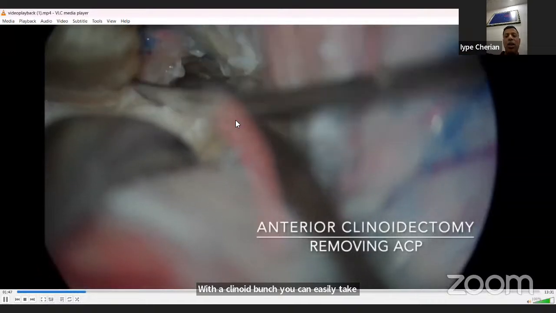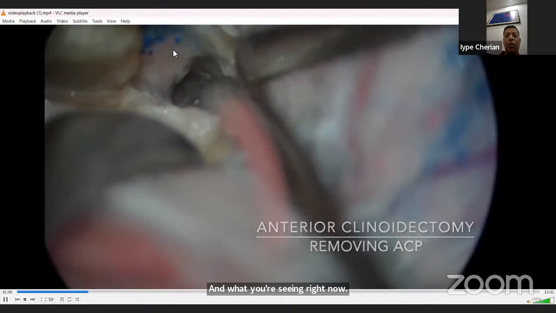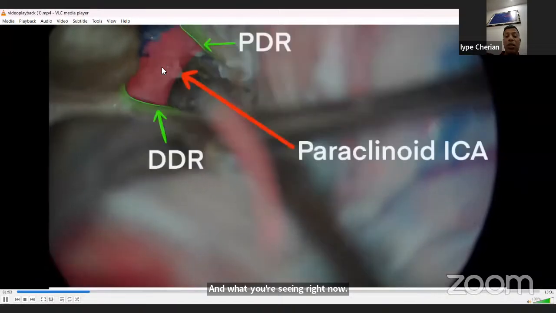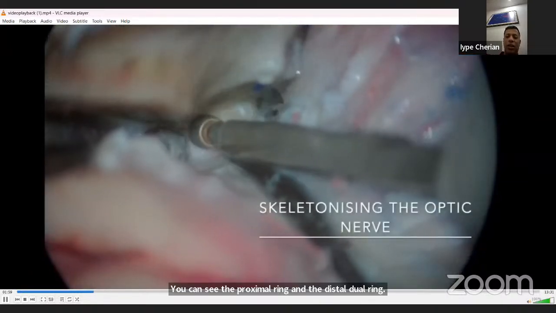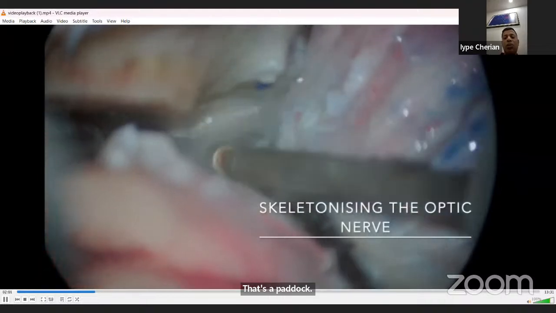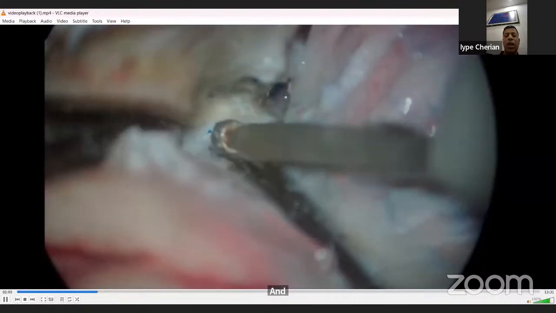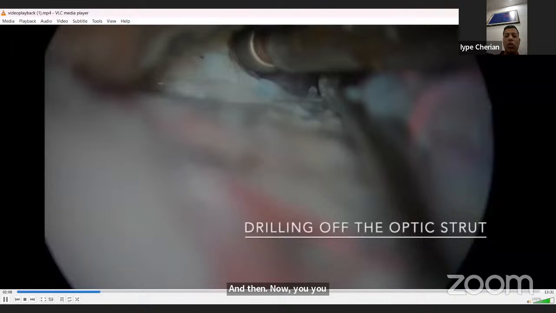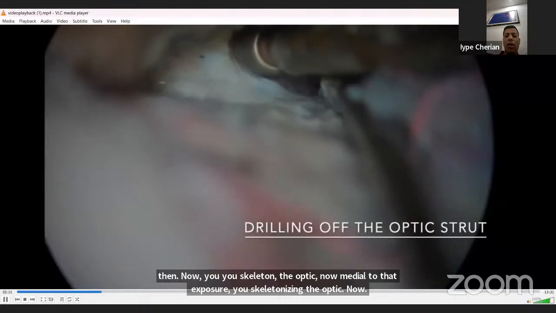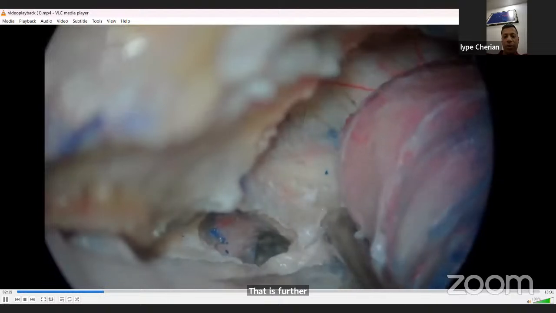And what you're seeing right now is the carotid. And the beauty is that you can see the proximal dural ring and the distal dural ring. That's paraclinoid. And then now you're skeletonizing the optic nerve, medial to that exposure. So that is further skeletonizing the optic nerve.